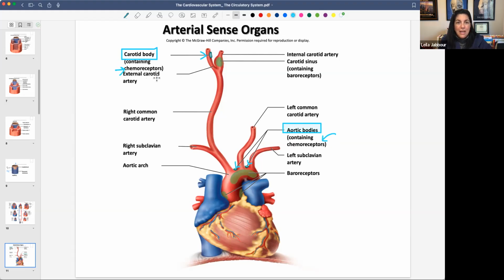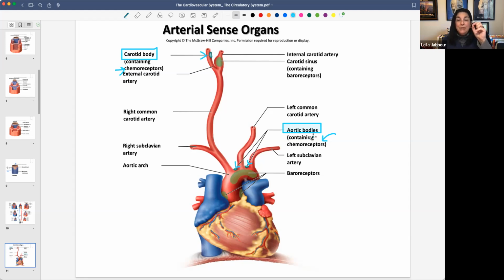One is on the external carotid artery, which is what this is, and that's a branch of the right common carotid artery, which we now know is a branch of the brachiocephalic trunk here. And the aortic bodies are directly against the aorta, yes, on the aortic arch.